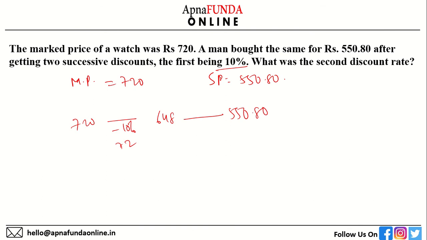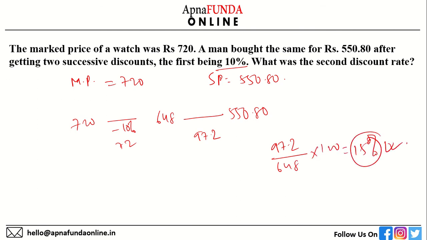The difference between the final price and the price after first discount will give me the second discount value, which is 648 minus 550.8, which is 97.2. So discount percent becomes 97.2 divided by 648 into 100. This will give me 15%.